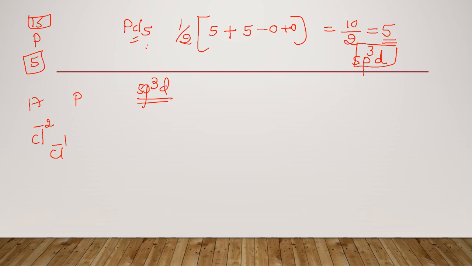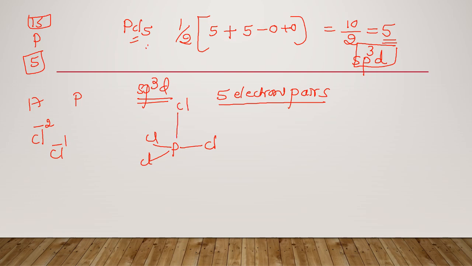We expect 5 electron pairs, out of which we need to identify the bond pairs as well as lone pairs. In PCl5, you can see clearly that there are 3 chlorine atoms present in the same plane, and 2 chlorine atoms present above the plane and below the plane, like this.